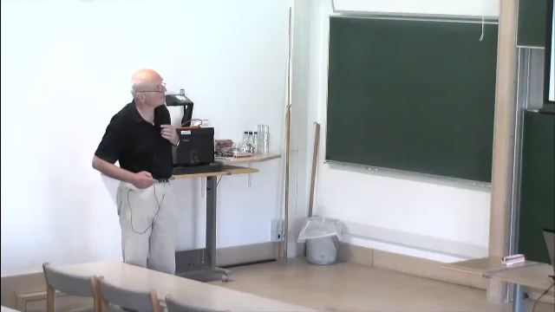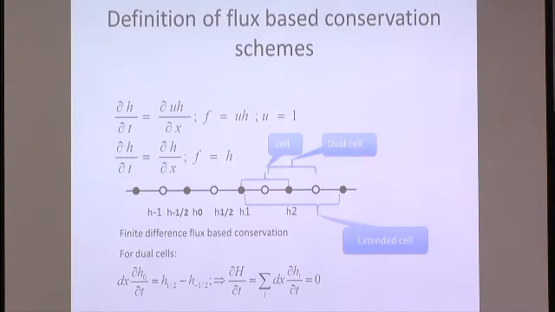You have to define fluxes in the dual cell, which go inside, and they determine the solution in it. That is a finite volume method. So it's essentially in the dual cell.